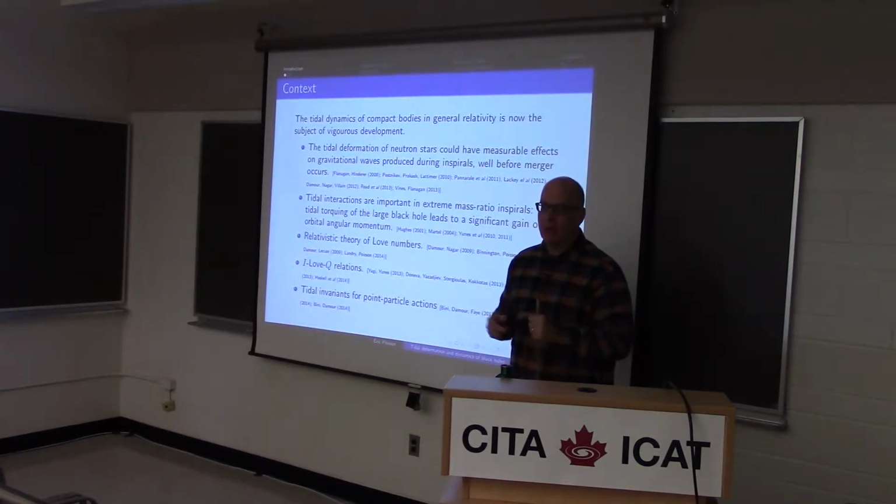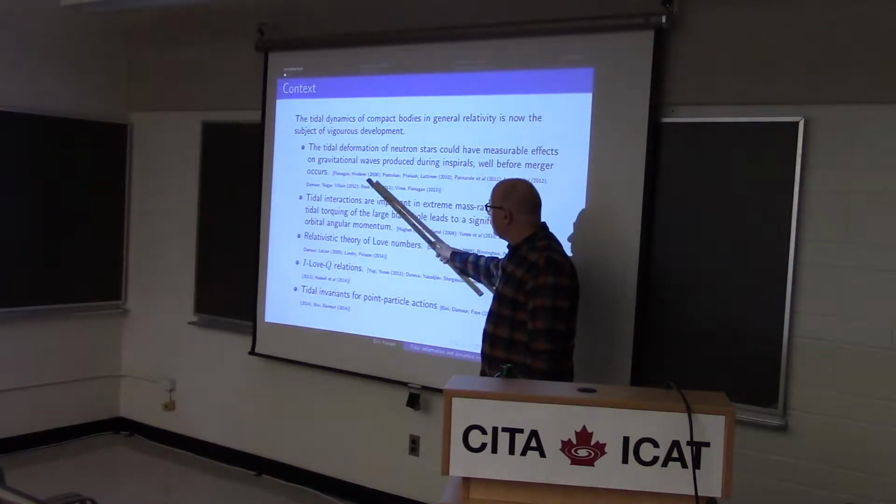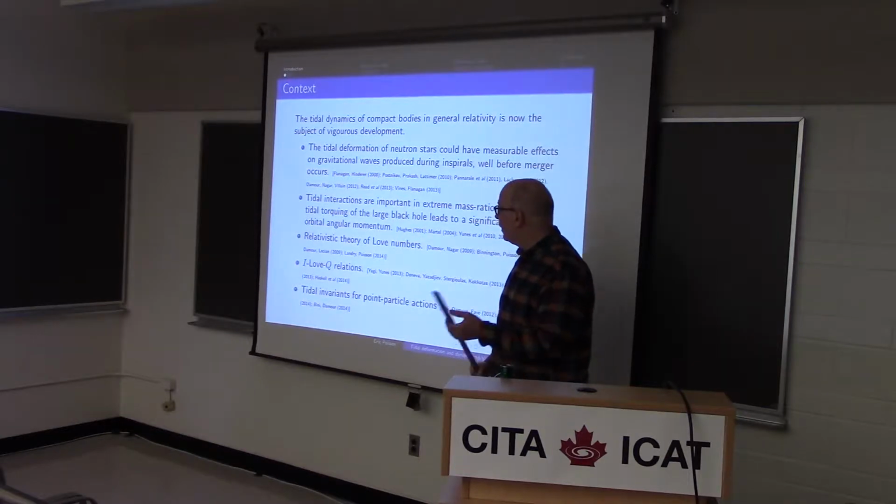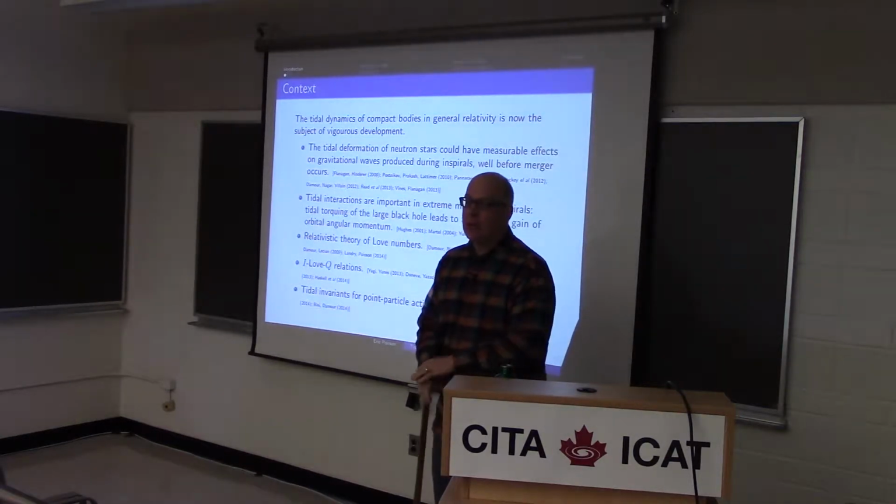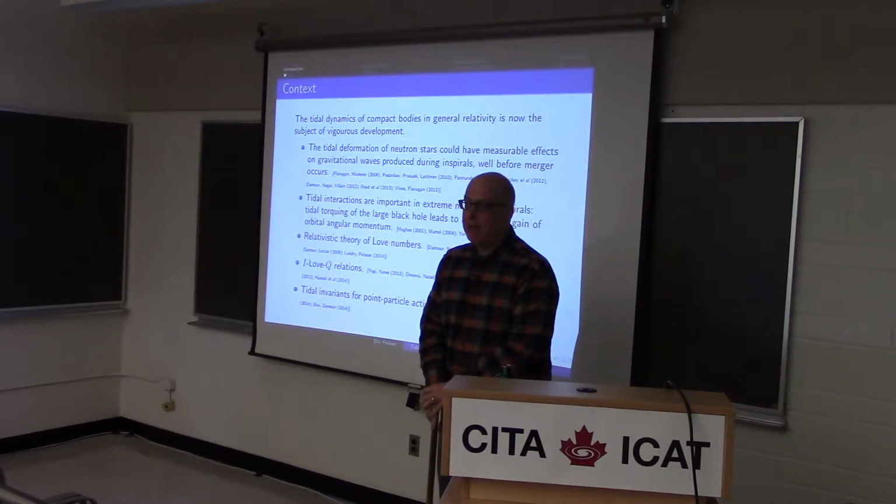There's been work on this for a long, long time, spanning many decades, but I think there's been a real surge of interest since Éanna Flanagan and Tanja Hinderer pointed out that it might be possible to detect tidal effects in neutron star mergers in gravitational waves before the merger actually happens.